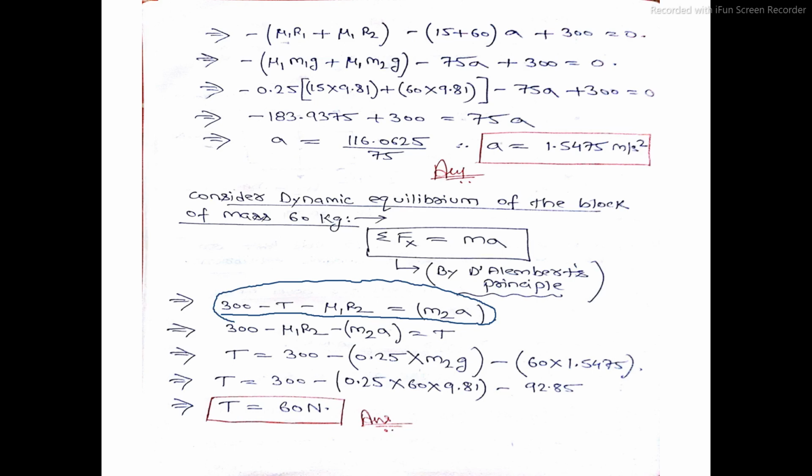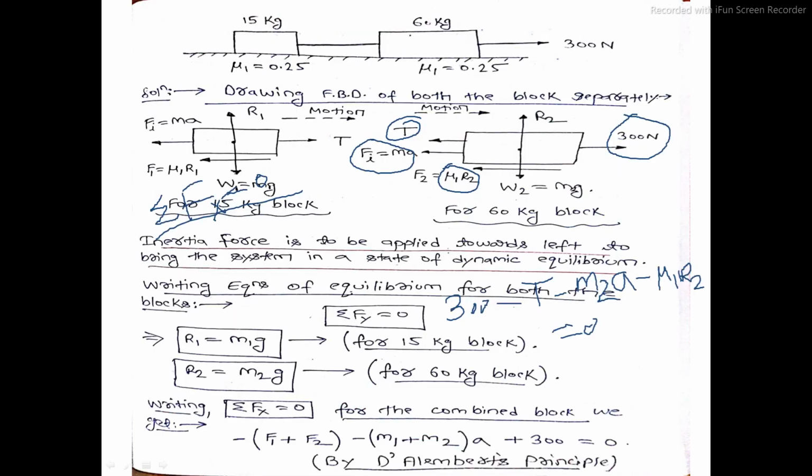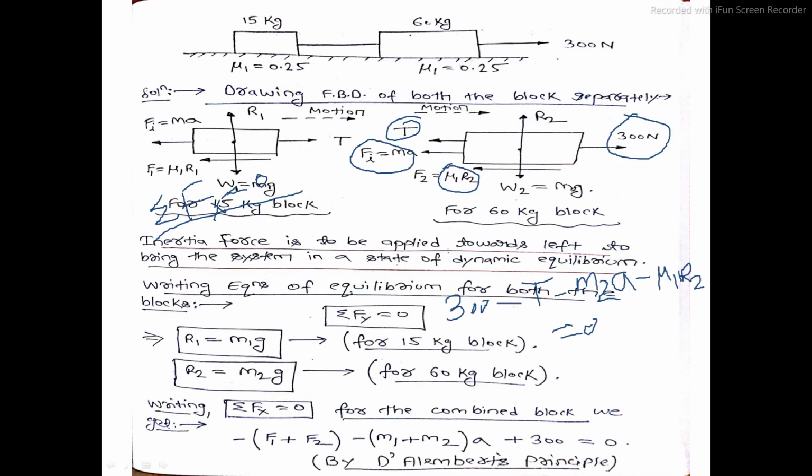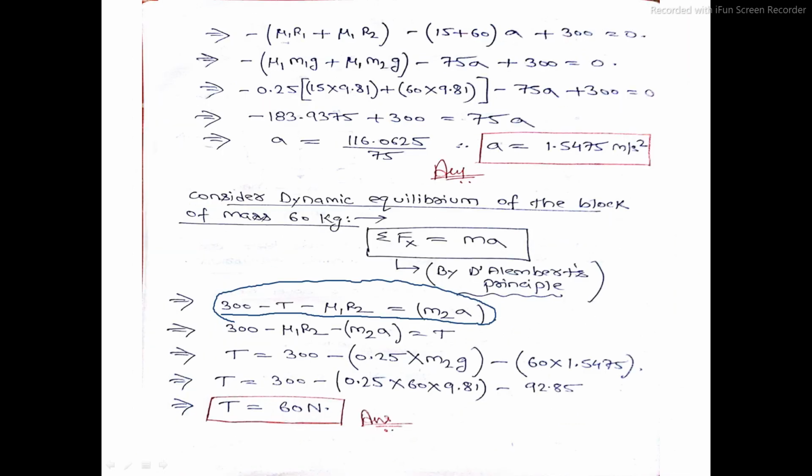Solve this equation, that is 300 minus T minus mu1 is given in the problem, it is 0.25 into R2. We know R2 is m2g, so in place of R2 substitute m2g, minus m2a is equal to T.